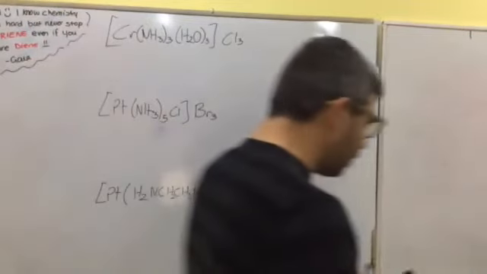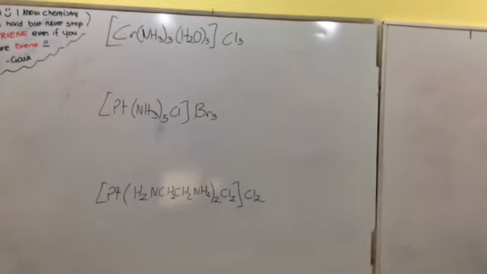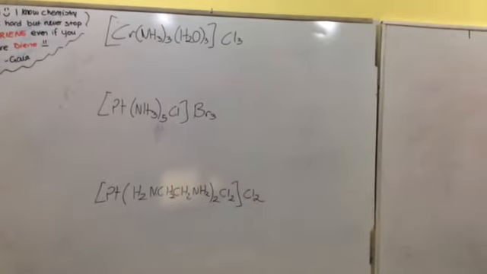Now, as you might imagine, if you have a charge, you need to have a counter ion. So when you have a compound, it's not enough to just write the ion only. So what we did before, for example, hexaquaferrate, there's going to be, for example, hexaquaferrate chloride, okay?